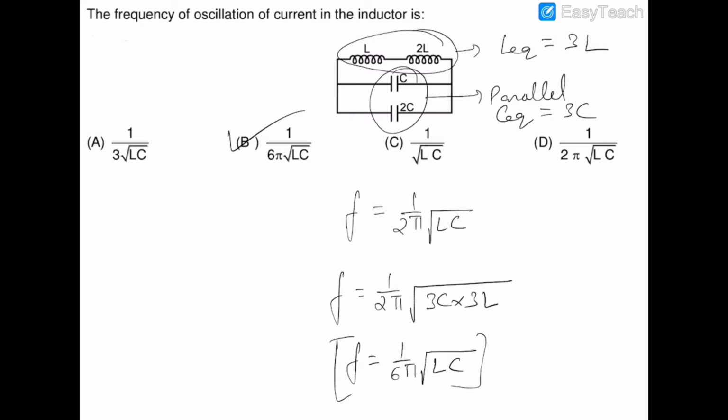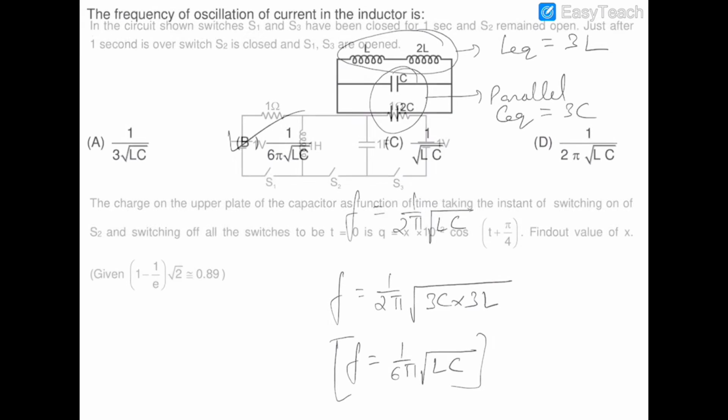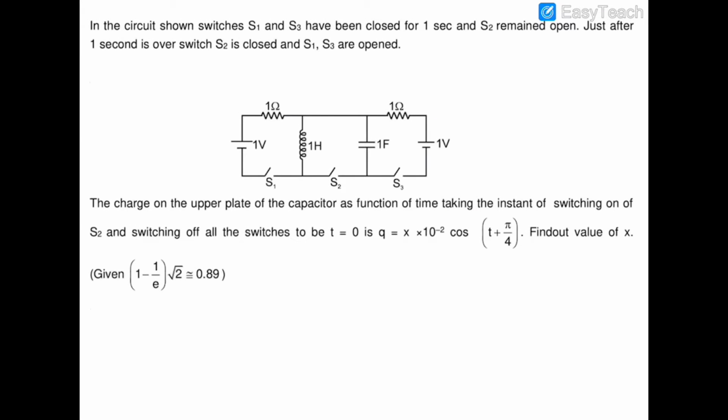Now we move on to the next question. In this question, it is given that initially you can see these switches S1 and S3 were closed, and this S2 was open. S1 and S3 were closed for approximately 1 second, and just after 1 second these S1 and S3 are being opened, and at the same time S2 is being closed.